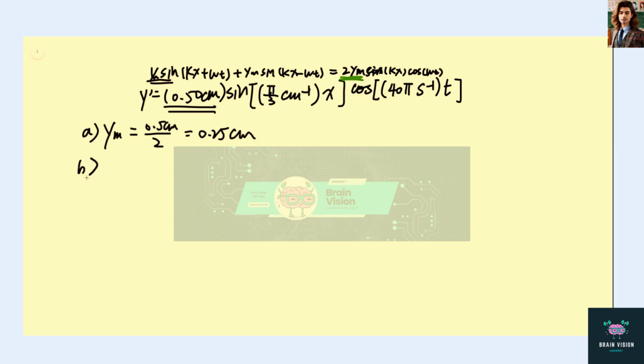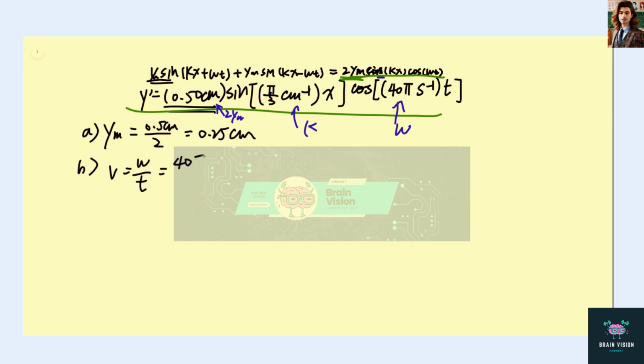Now, what is the speed? We look at this form, y prime, which is 2 ym sine(kx) cosine(omega t). So we have both k and omega, and if we have both, we can find the speed, because speed v equals omega over k.